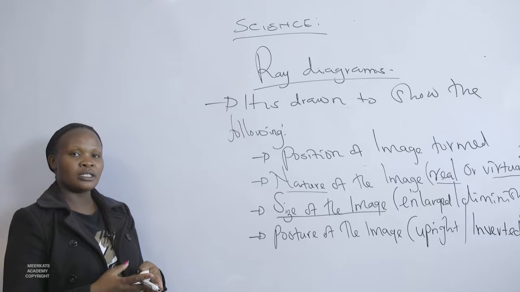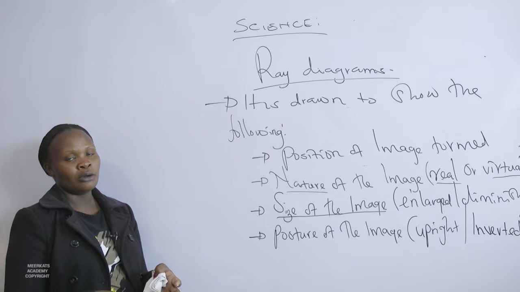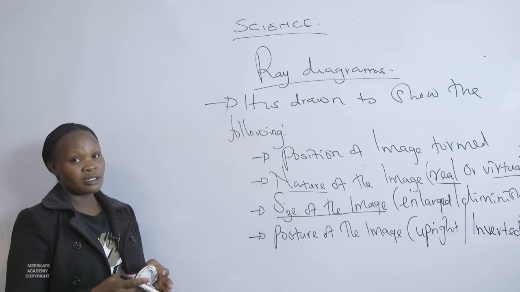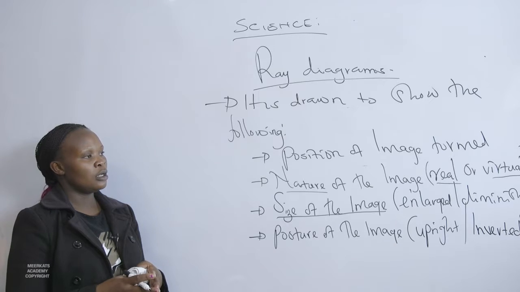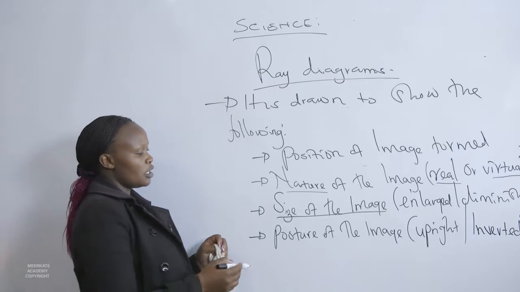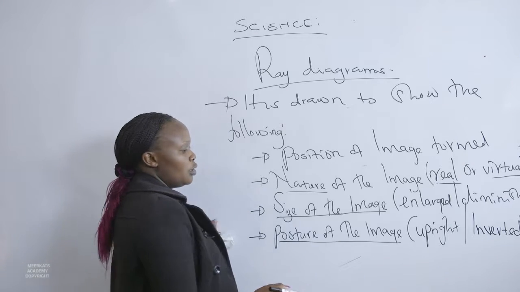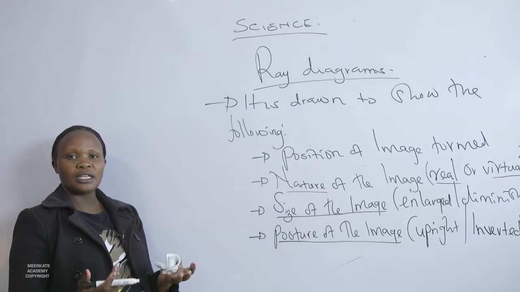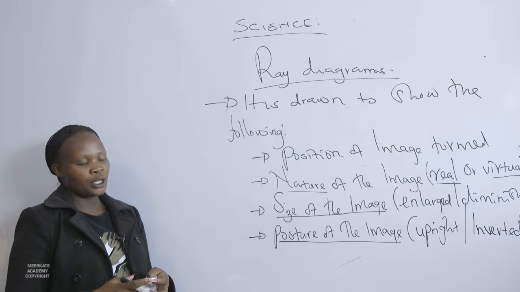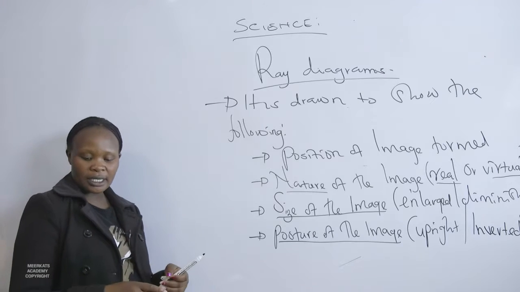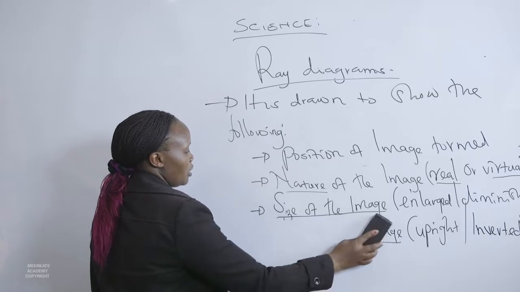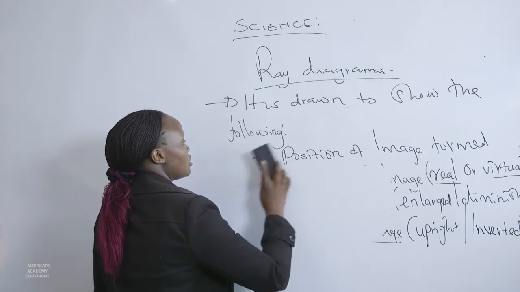Find out whether it is smaller than the object or larger than the object. In some cases, the images will be larger than the object. And finally, you will consider the posture of the image, where you will tell us whether the image is upright or inverted. Now, let us take an example so that we can see how we draw these diagrams.